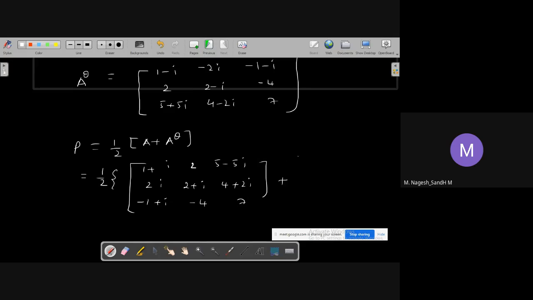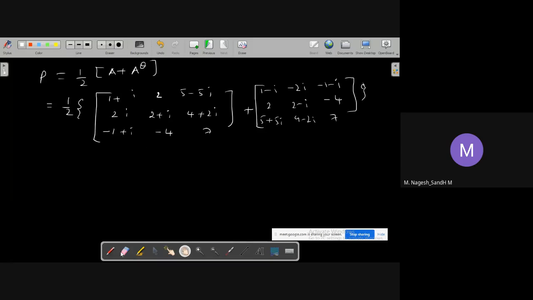What is the A power theta matrix? 1 minus i, minus 2i, minus 1 minus i, 2, 2 minus i, minus 4, 5 plus 5i, 4 minus 2i, 7. You have to add it.